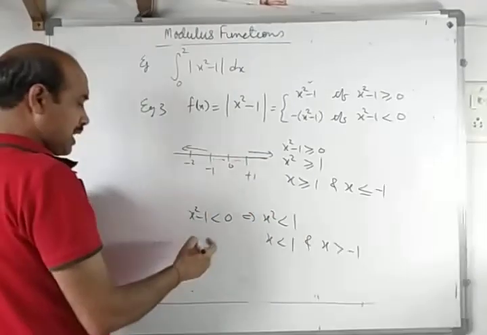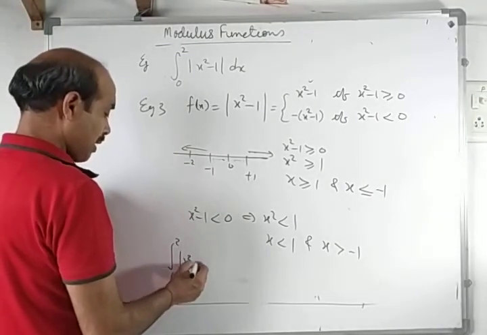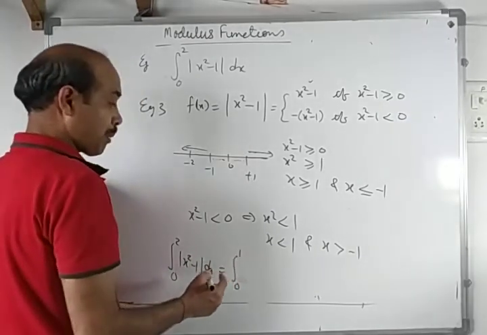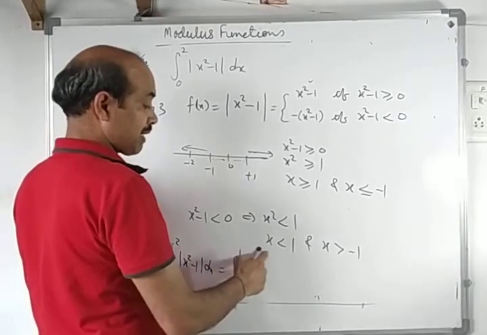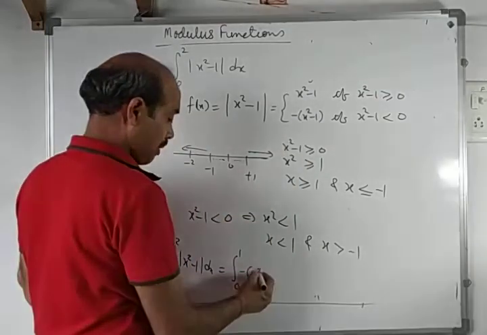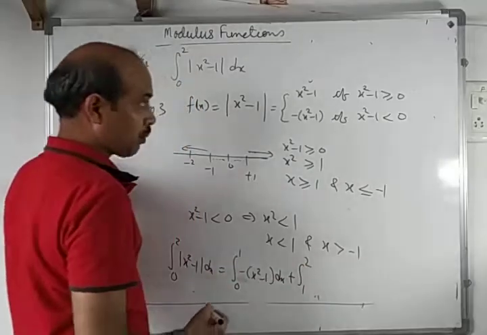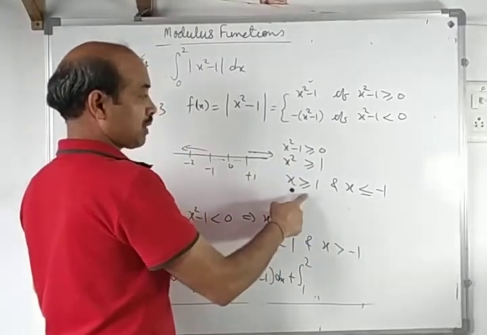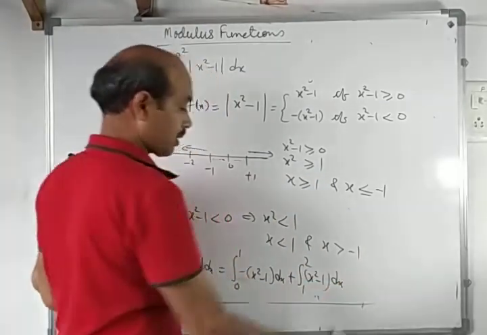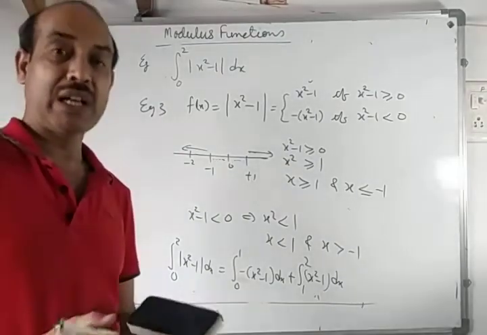So after this explanation, the integral from 0 to 2 of mod x square minus 1 dx will be split as 0 to 1 separately, because 0 to 1 is less than 1. It will be written as minus of x square minus 1 dx, plus 1 to 2, where it is more than 1, so it is x square minus 1 dx. This is the application of the modulus function in integral calculus.